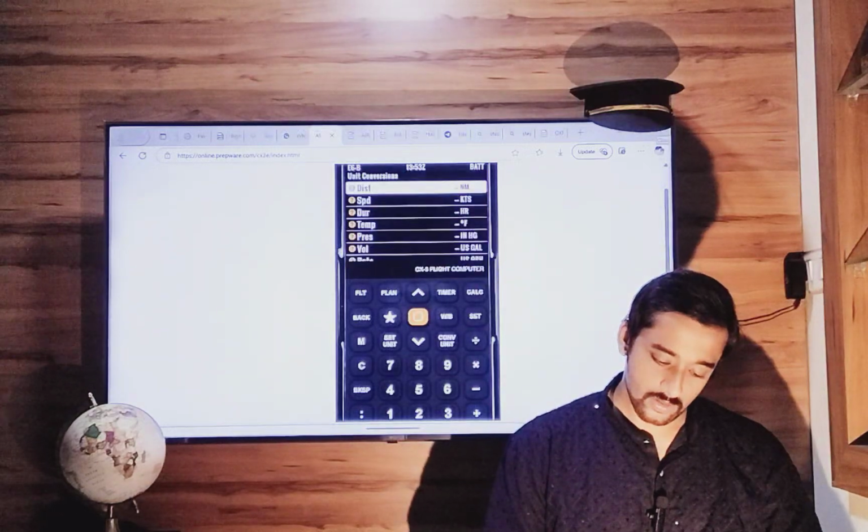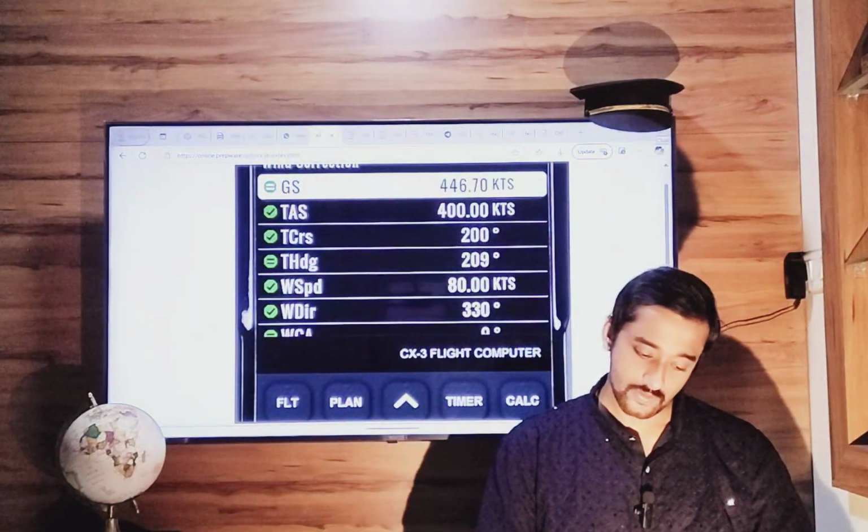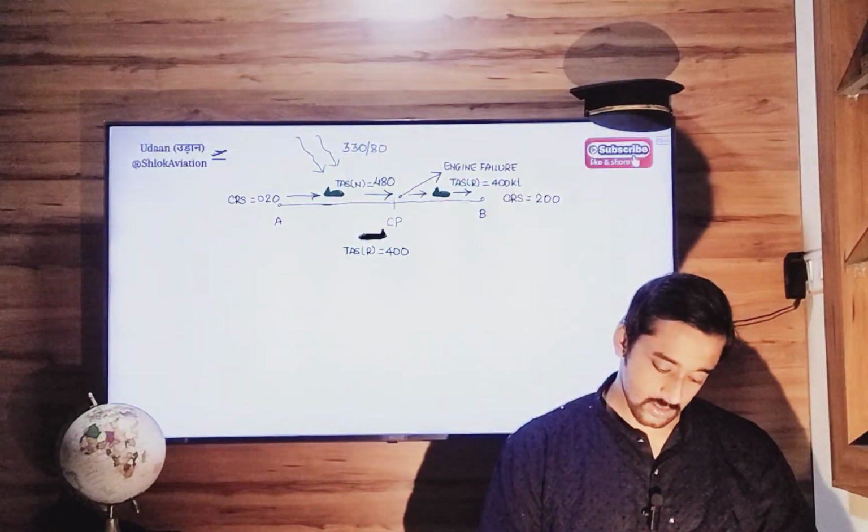So ground speed will be 446.7, or 447 knots.